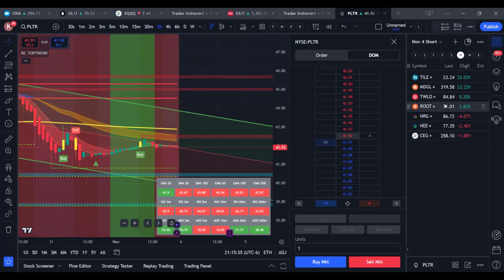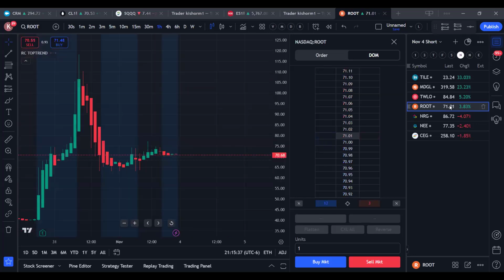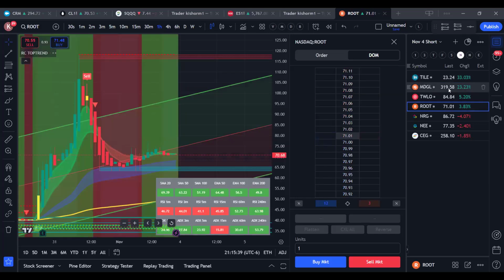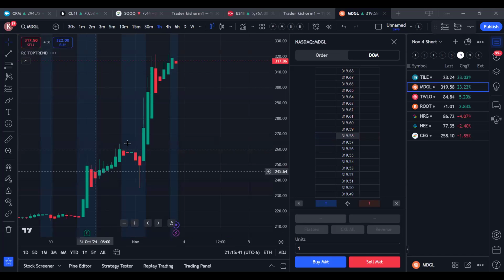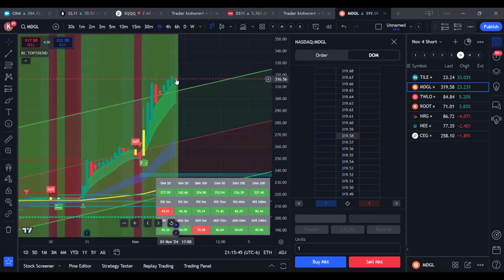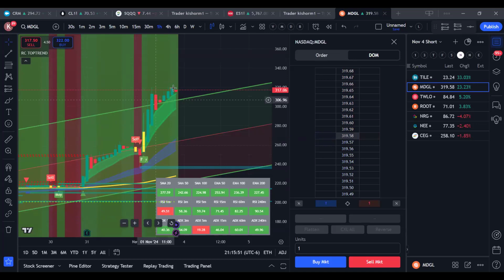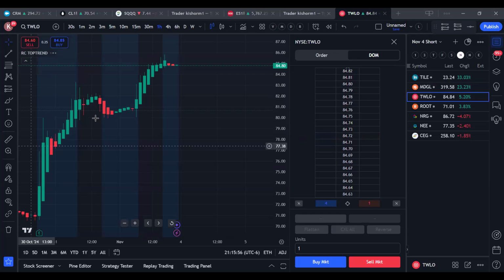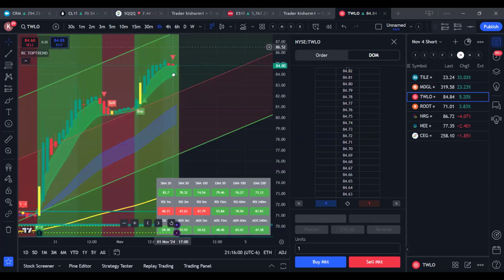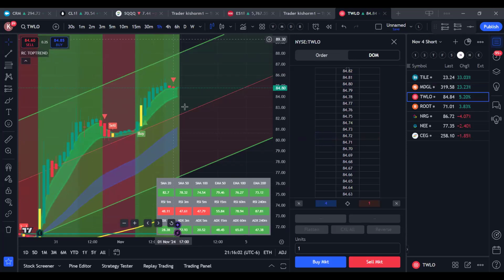These are some stocks which can go down. And they will try to take it a little bit above the previous day high and then they will bring it down.